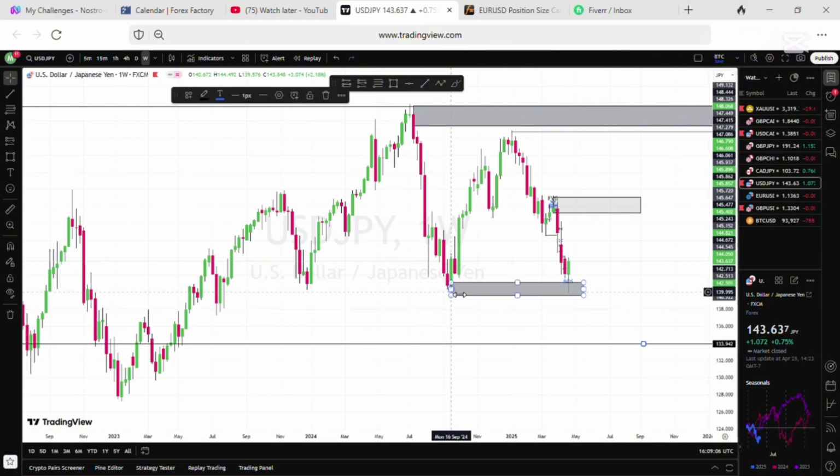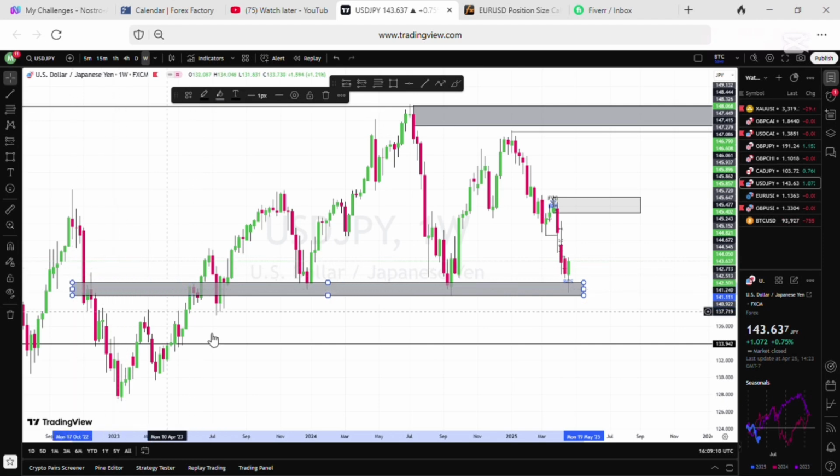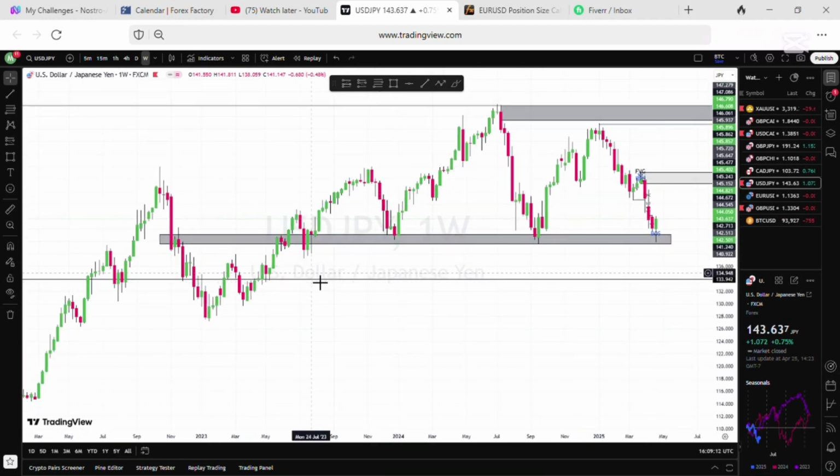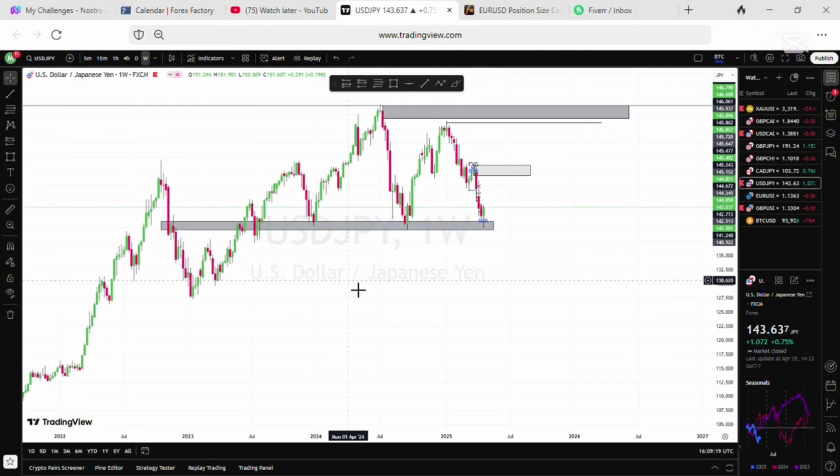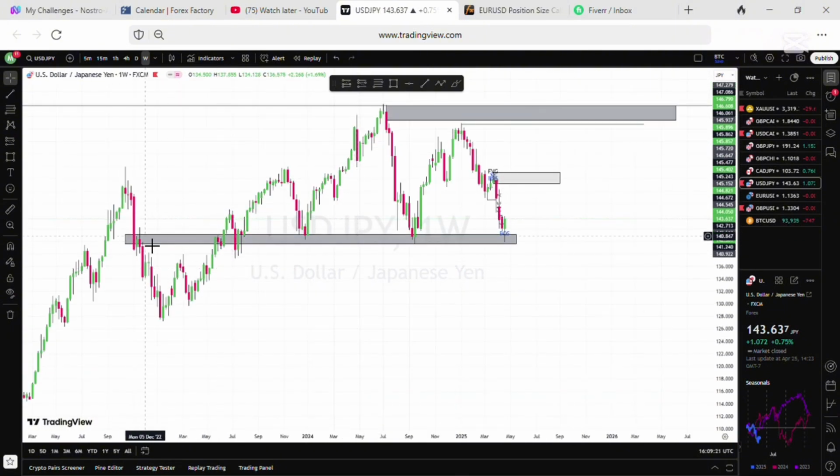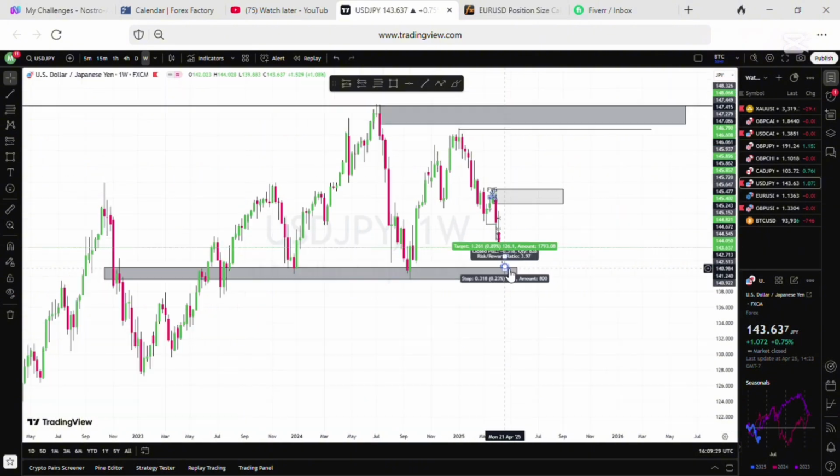Let me use this one to make it a bit better. This zone here, it's a very useful zone because price has tapped on it here, broke and retested it. We tapped on it here, and did the same here.